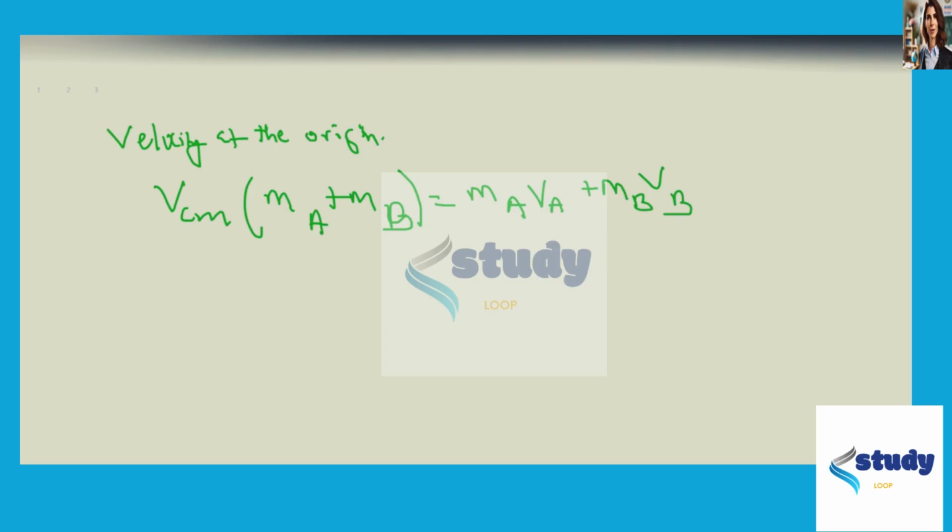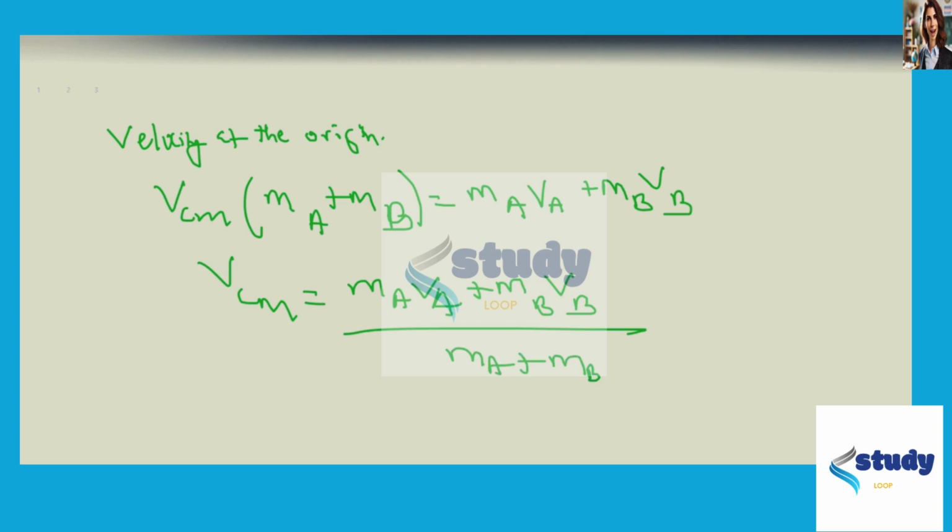And so the velocity at center of mass is equivalent to the individual momentum over the sum of the masses. And our goal is to get the velocity of A, so we're going to solve for that. And so VCM times (MA plus MB) equals MAVA plus MBVB.